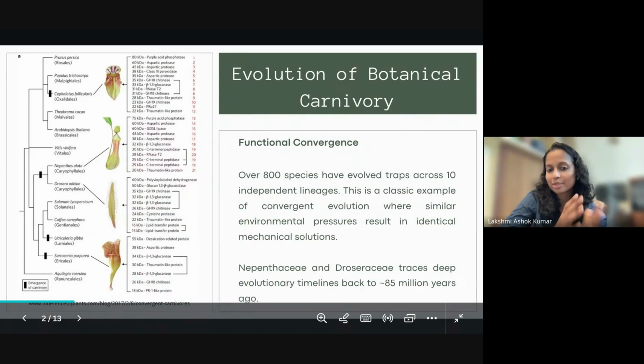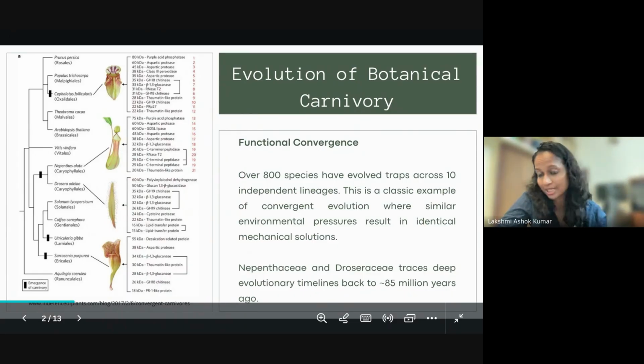Pitfall trap, in the sense, has a digestive liquid inside it, into which the insects fall, and they get digested in the liquid. All these three have developed in three different lineages, but the content of the enzyme has similarities.